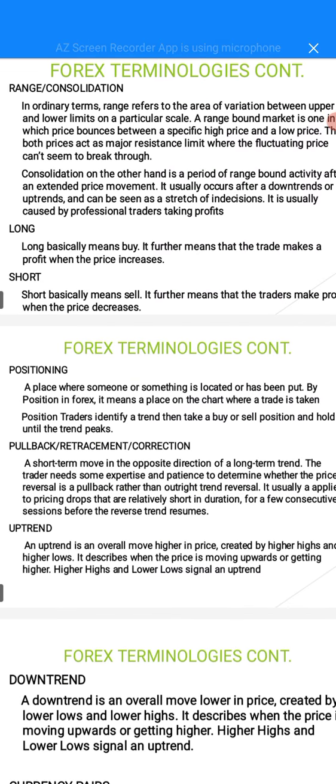Now, we also need to know long and short. These are also terminologies used in Forex, which refer to a buying or selling position. When a Forex trader says take a long, he's referring to taking a buy position. When he says take a short, it refers to a sell position.